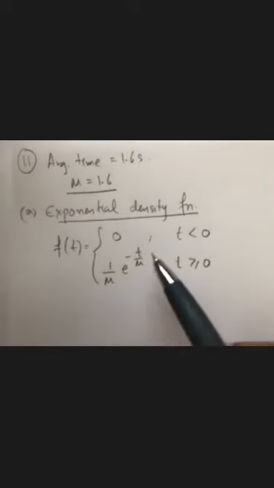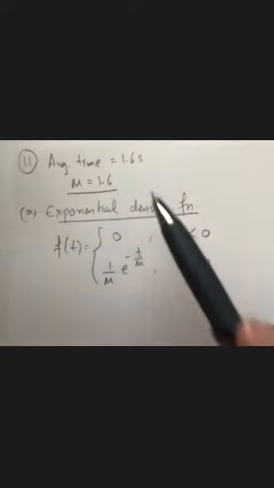You can see the presence of the exponential function. The random variable is t, and the average value is mu, so we have 1 over mu, and it's e to the negative t over mu. The important thing is that you have a minus sign and you have mu in the denominator. So don't forget this.